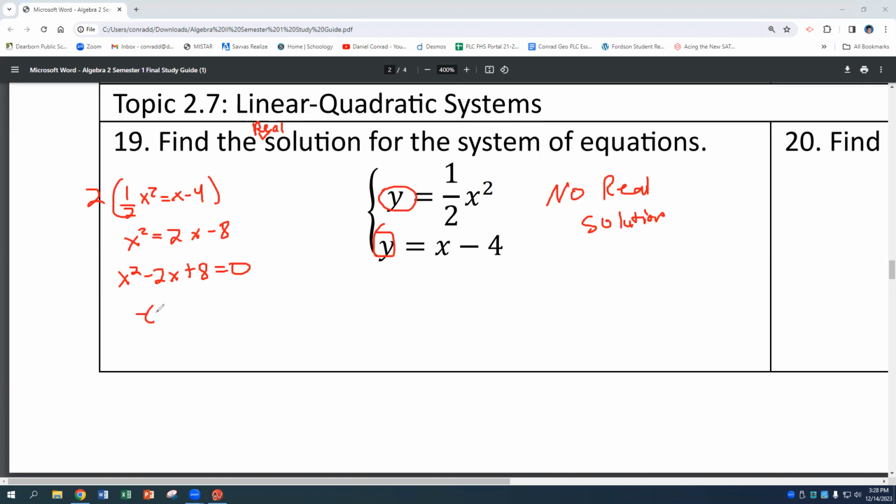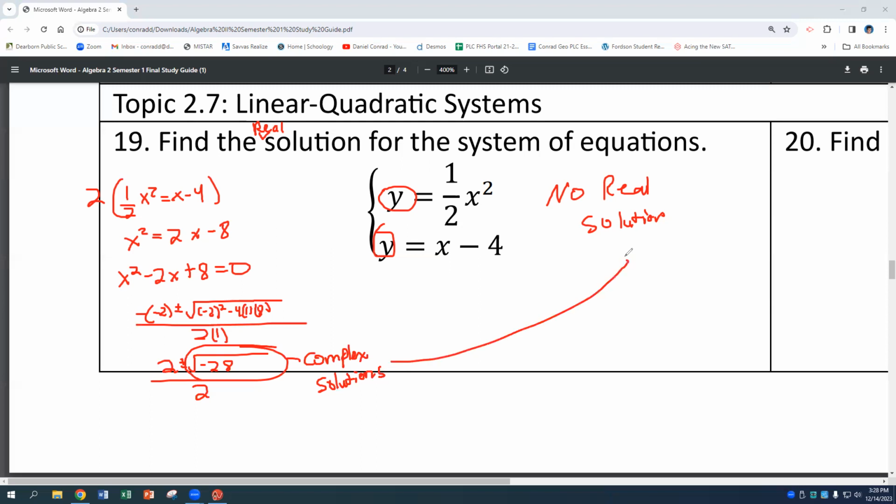So we get negative negative 2 plus or minus square root negative 2 squared minus 4ac, which is going to be 1 times 8, all over 2a. So we would have 2 plus or minus square root. This would be 4 minus 32. This would be negative 28 over 2. So this right here is going to give you complex solutions. Okay, which means that there are no real solutions.